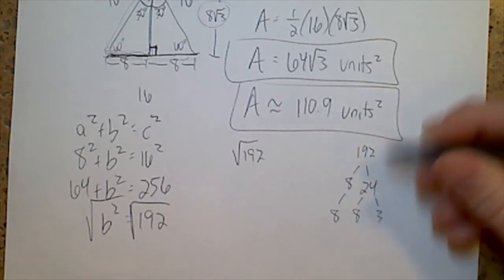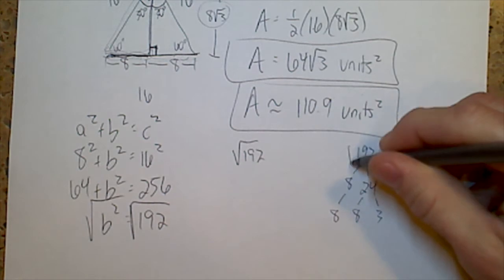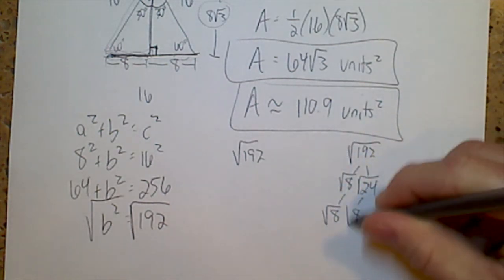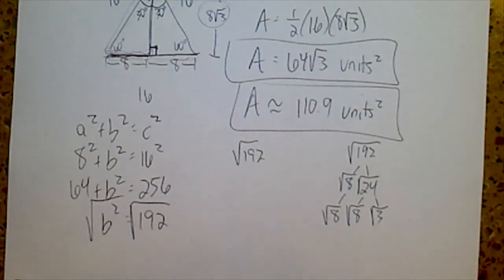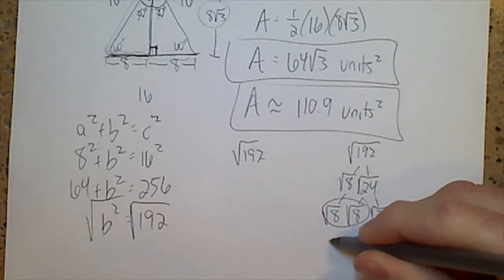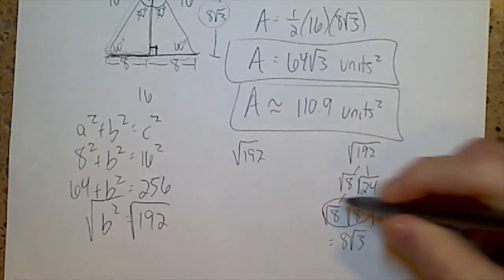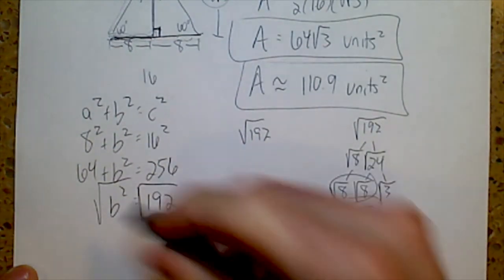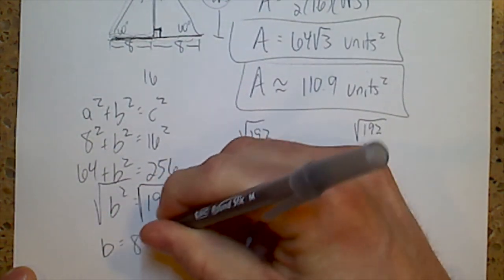All right, so I think I got it, right? Square root of 192. Square root of 8 times square root of 24. Square root of 8 times square root of 8 times square root of 3. Square root of 8 times square root of 8 is 8. So that would have been my height. If I do all this work, take the time to reduce, I get B is equal to 8 root 3.